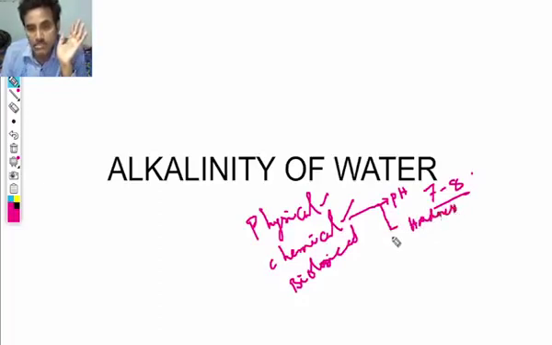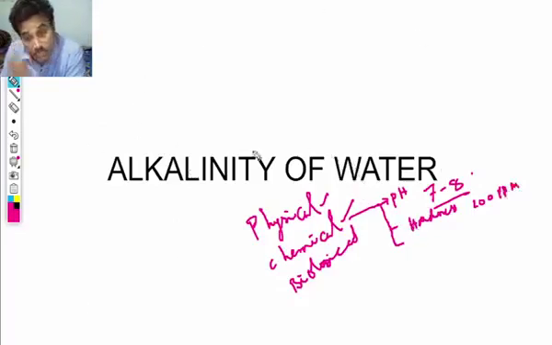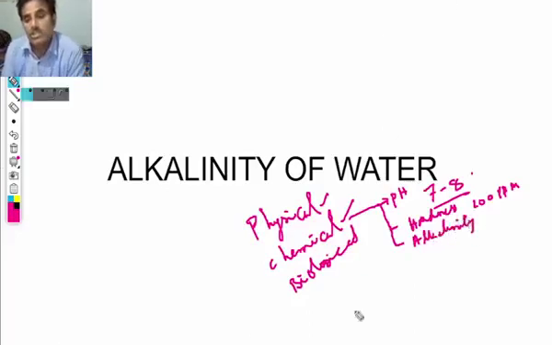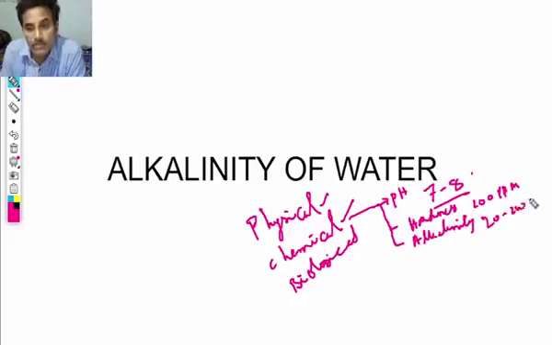If hardness is below 200 ppm, then hardness is also good. Then alkalinity is also one of the water quality parameters, which we are going to study now. Alkalinity is generally 20 to 200 mg per liter, that is ppm. If it is within the limit, then alkalinity is also good.